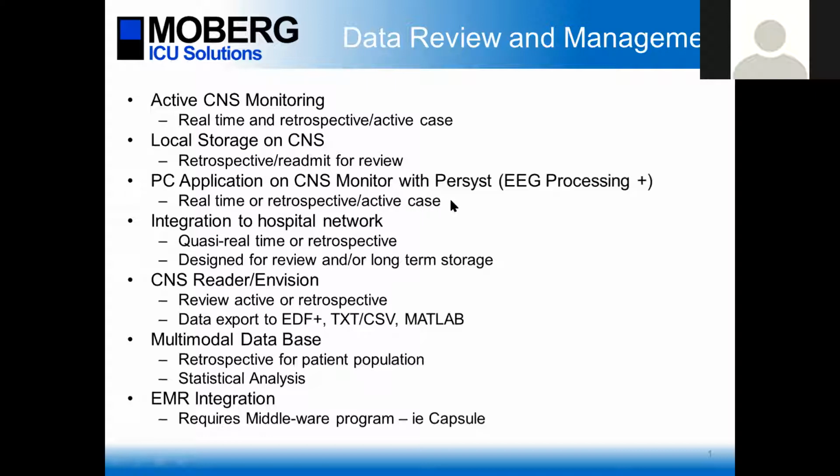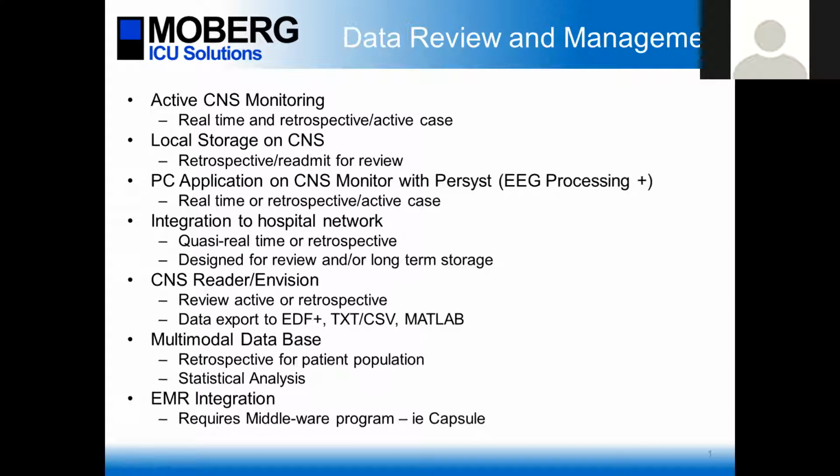Persist is a program that's used by a lot of institutions for their EEG reading. And we are allowed to put that on the CNS monitor and help with the processing of EEG directly on the monitor. It used to have to run on workstations and other areas, but now we can actually put it right on the CNS. That's a very helpful feature.